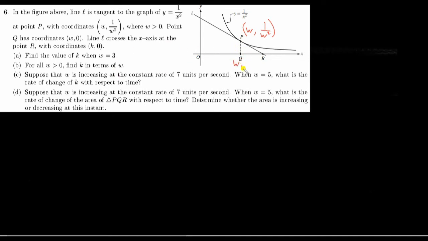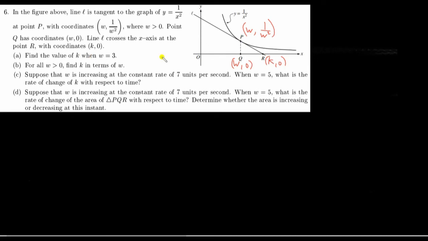Let's label that as well. And then line L, this tangent line, crosses the x-axis at the point R, and R has coordinates k comma 0. So find the value of k when w equals 3. So when w is 3, so this is 3 comma 1 over 3 squared, and this is 3 comma 0, what is this value of k?